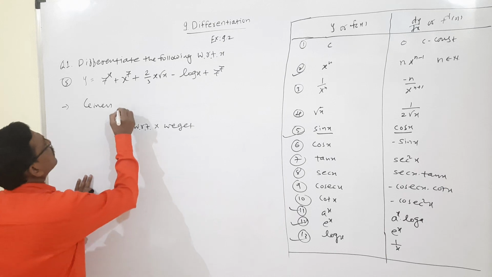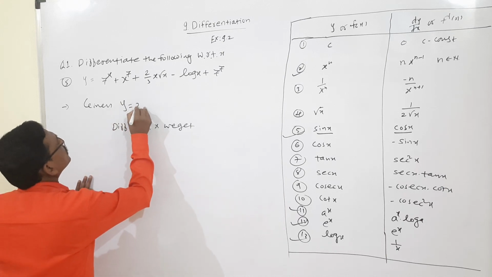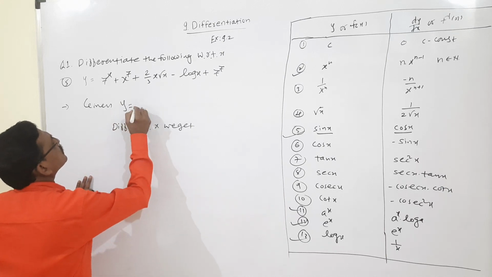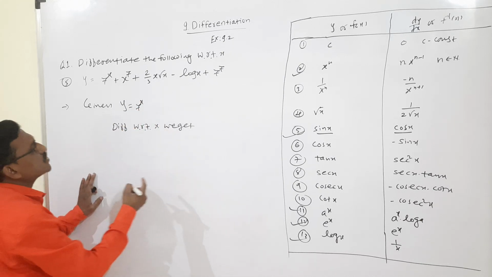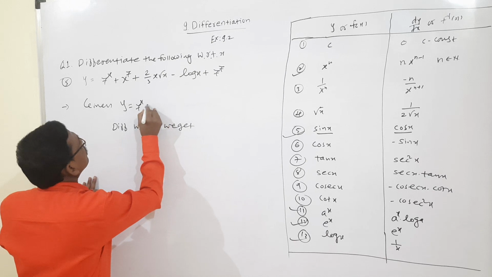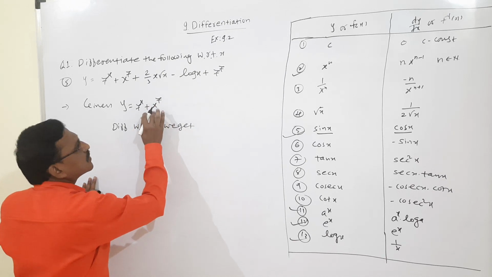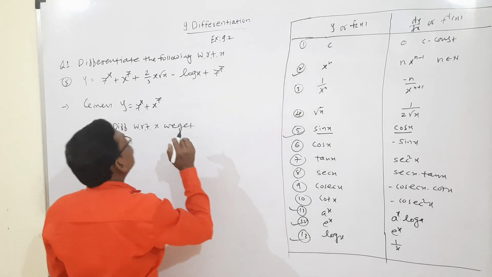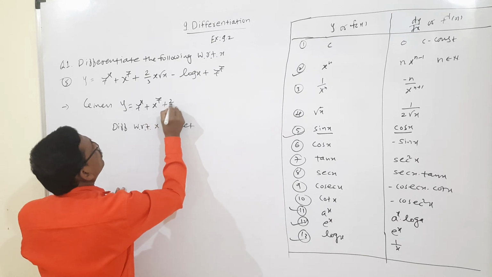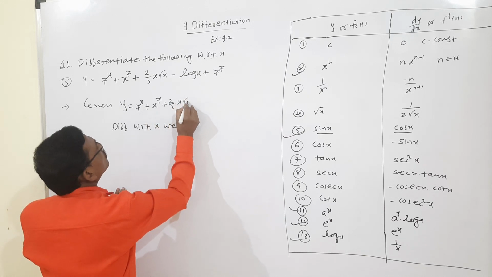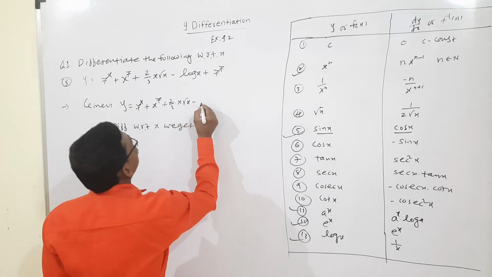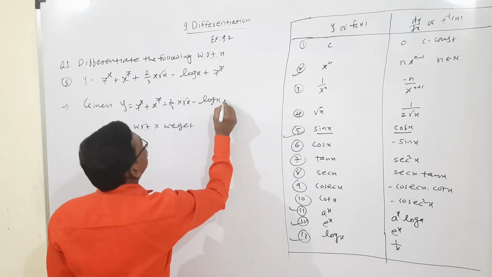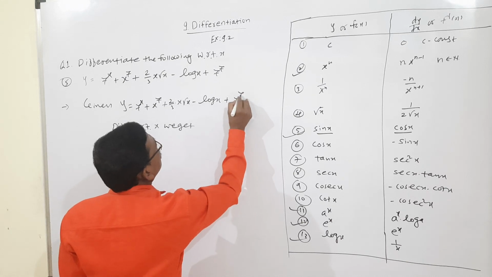So the given function is y equal to 7 raised to x, this is the exponential function, a raised to x type. Then x raised to 7, this is an algebraic function, power function. Then 2 by 3 into x root x, this is an algebraic function also, minus the logarithmic function log x, and plus 7 raised to 7, this is a constant function.